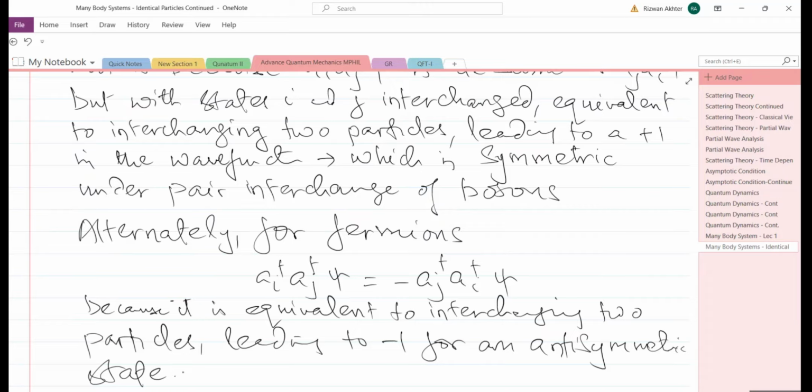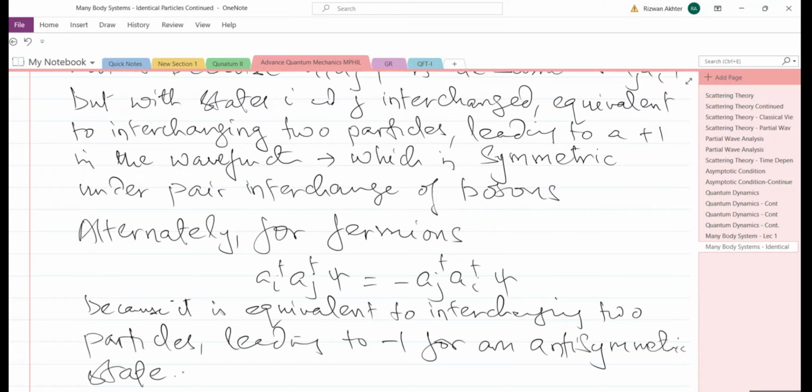And so when you talk about particles having integer spin, which you call bosons, the constraint or restriction you impose on those dynamical variables is a commutation relation.